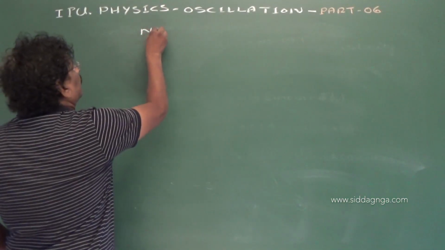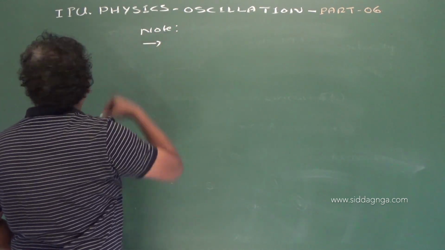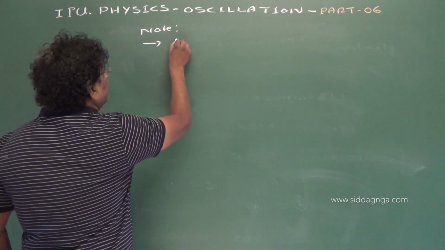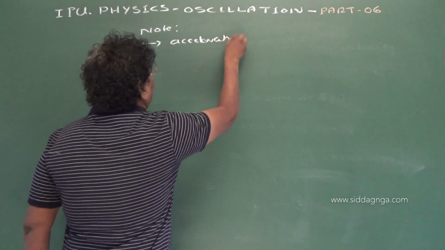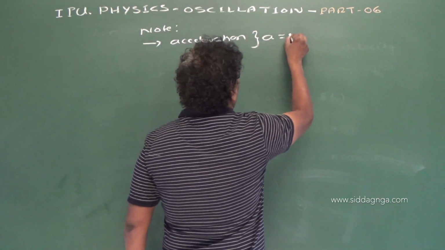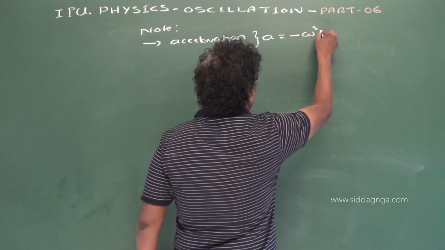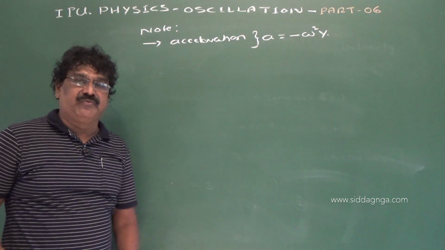Now, note we can take. Now we have the acceleration A of simple harmonic oscillation. A is equal to minus omega square y. That we have taken as equation number 4.